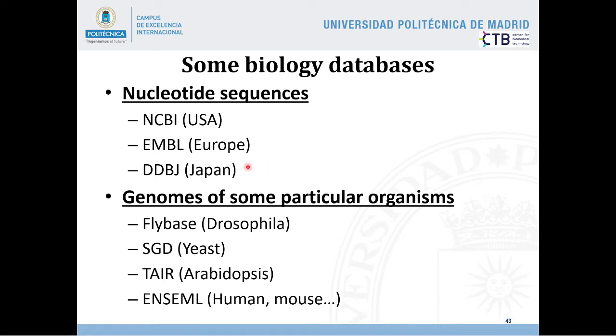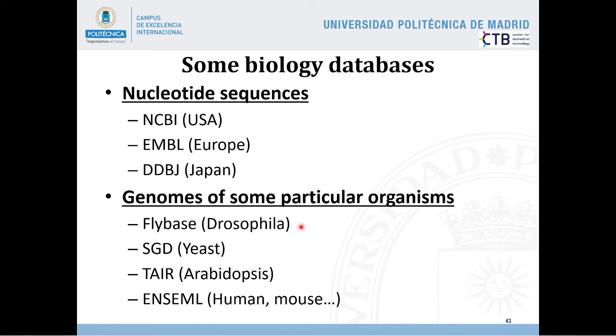We normally use these two. NCBI has most of everything, but also EMBL. And there are also databases that are more focused on the genomes of particular organisms. It can be FlyBase, which is for Drosophila.